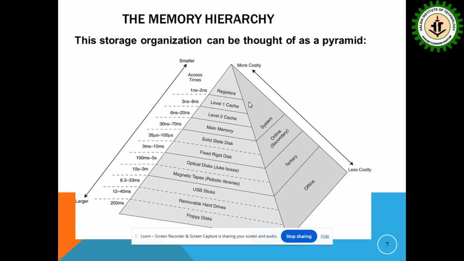Then the level 1 cache has an access time of 3 nanoseconds to 8 nanoseconds. Then the level 2 cache with 6 to 20 nanoseconds access time. And lastly, the main memory with 30 to 70 nanoseconds of access time. They are basically kept very close to the CPU, and they are also very costly and higher in speed but very small in size.